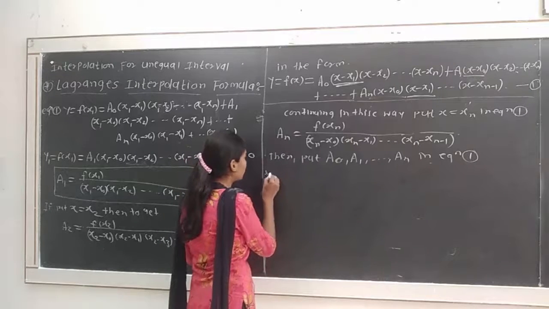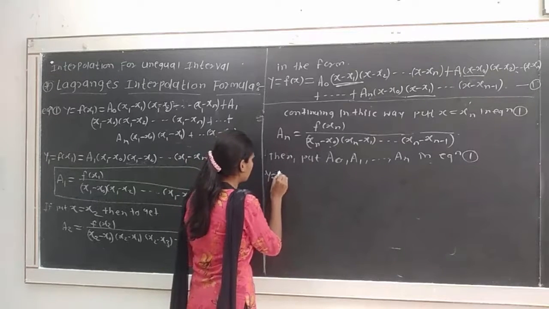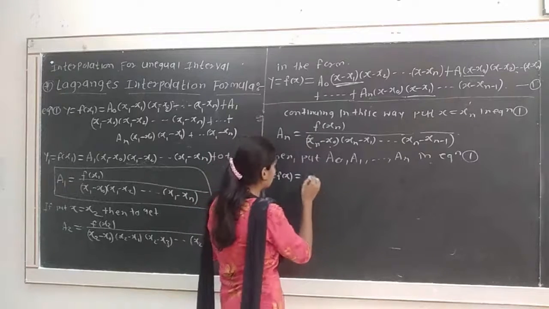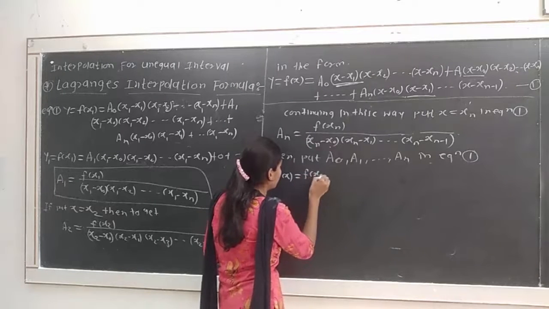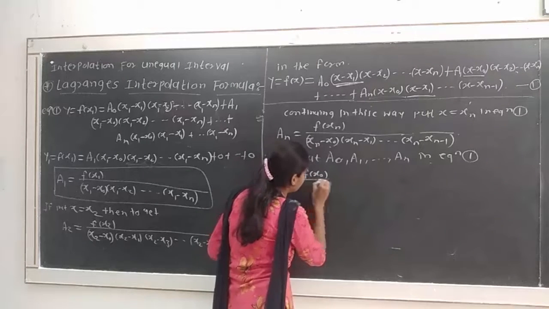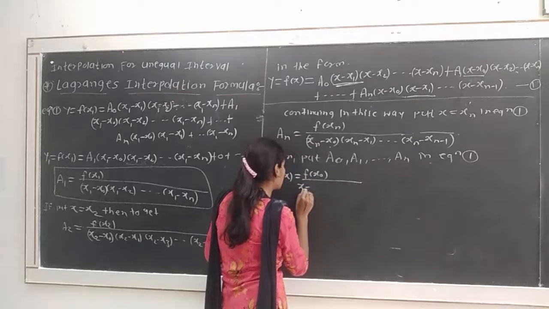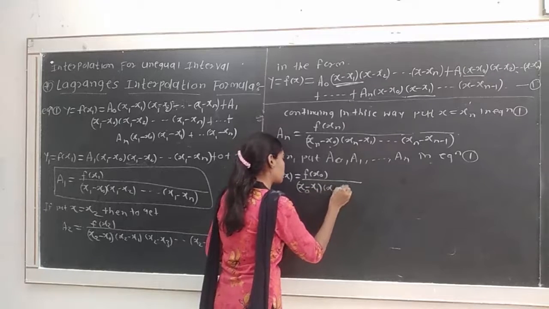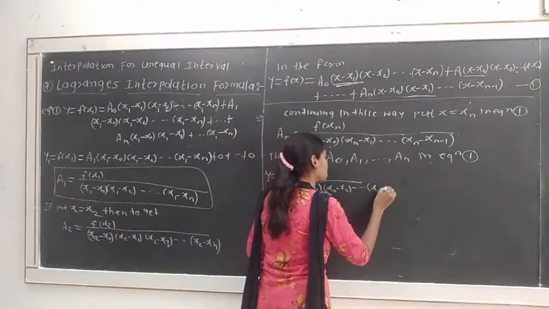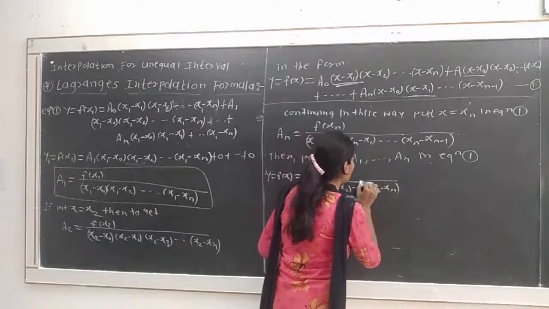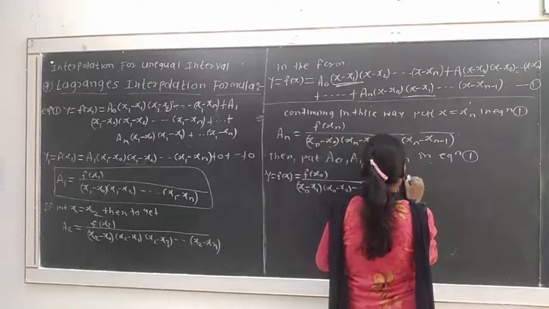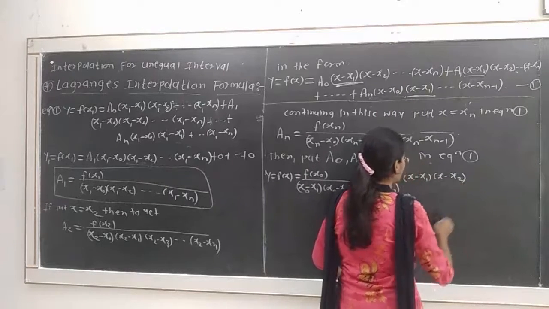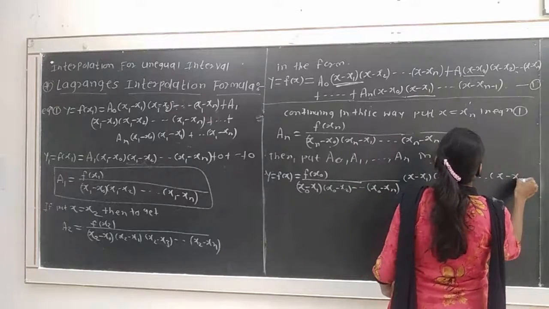So we have y = f(x) = a0, which will be f(x0) divided by (x0 − x1)(x0 − x2) up to (x0 − xn), into this factor, that is (x − x1)(x − x2) up to (x − xn).